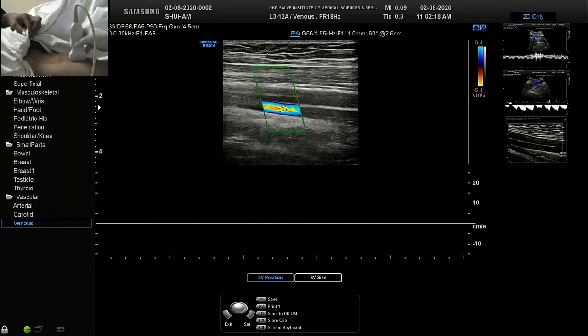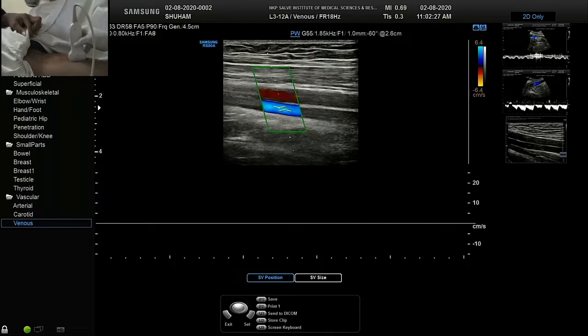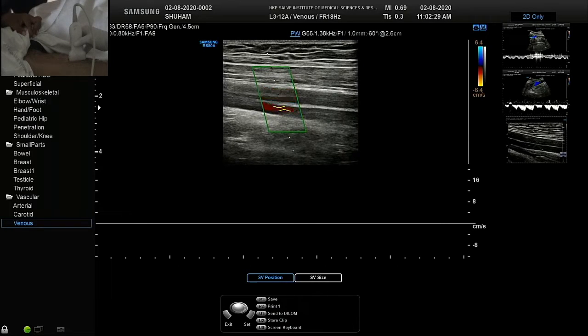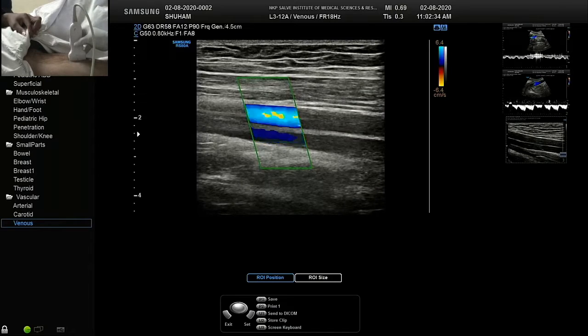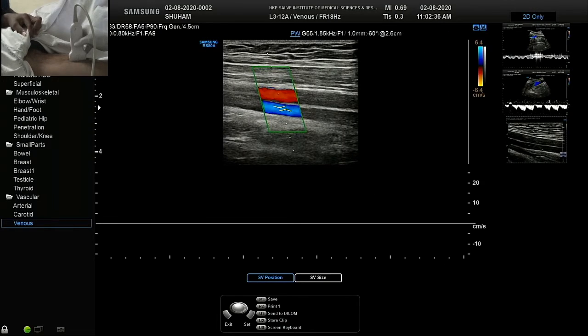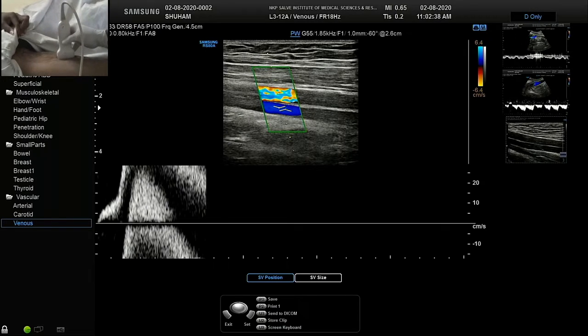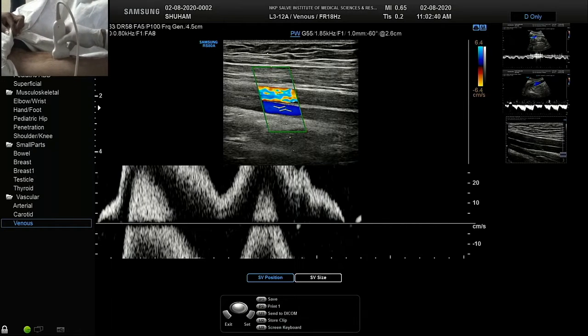This augmentation you can do it yourself or call your assistant to do. Just squeeze his cuff, please. Just a minute. I have focused it here. I will apply a spectral Doppler across and ask to hold.